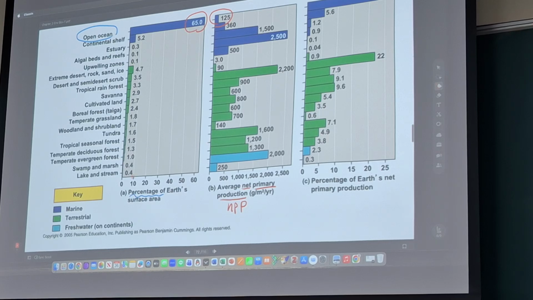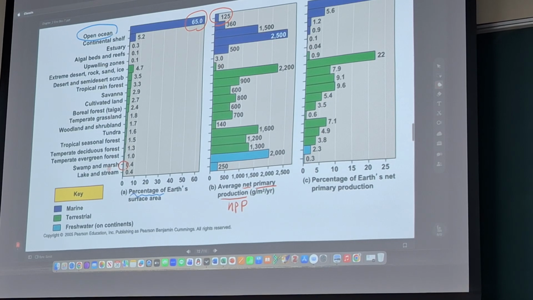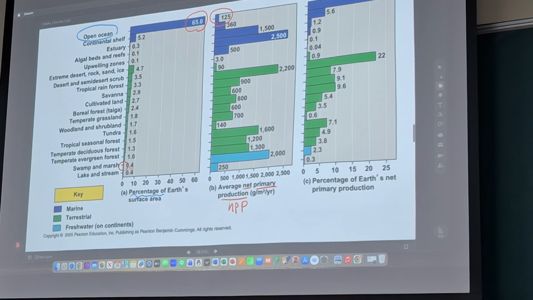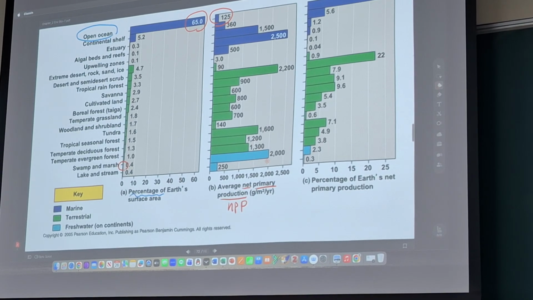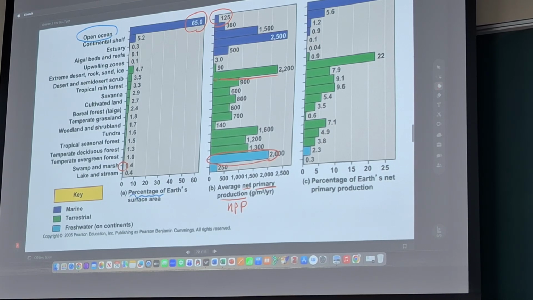But the small area, for example, like swamp and marsh, only occupies 0.6% of the Earth's surface, but it contributes a lot. You can see these three.